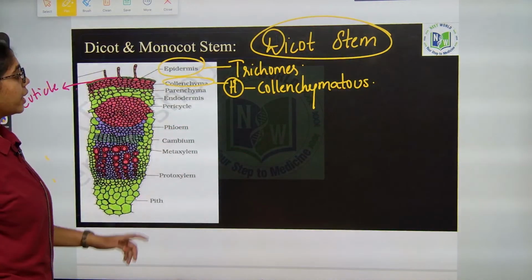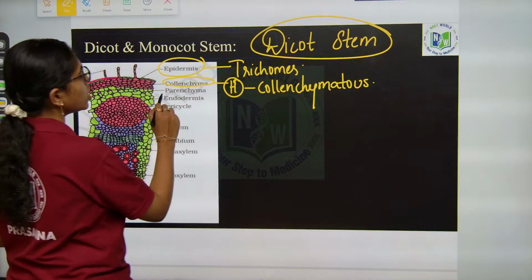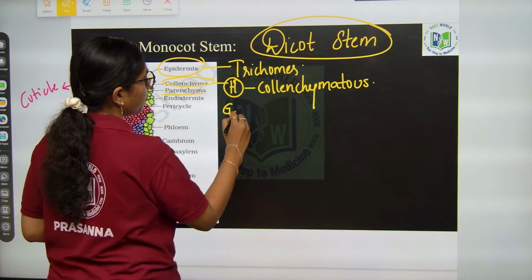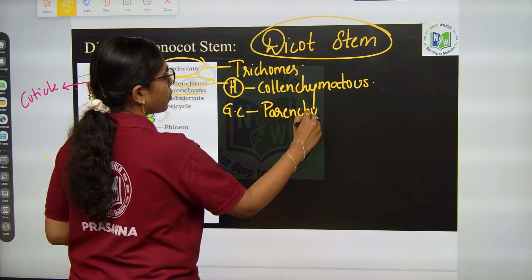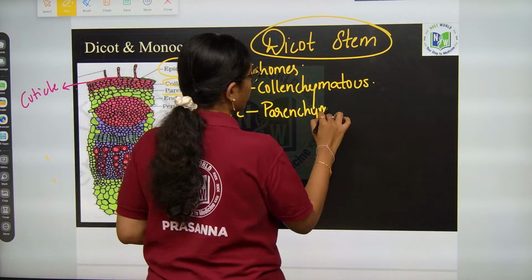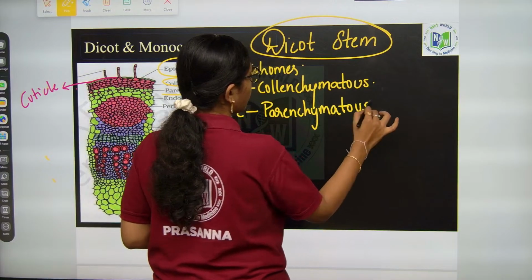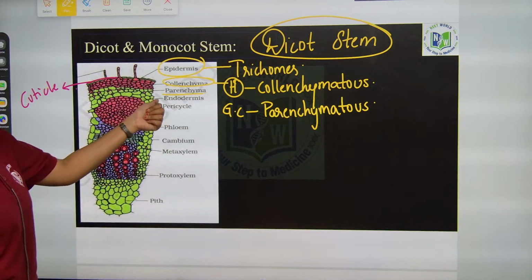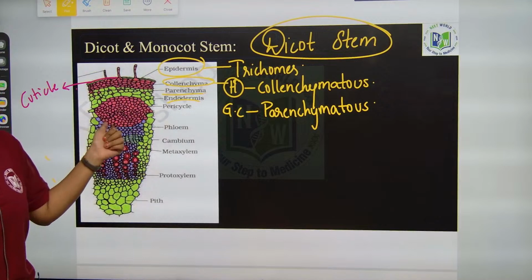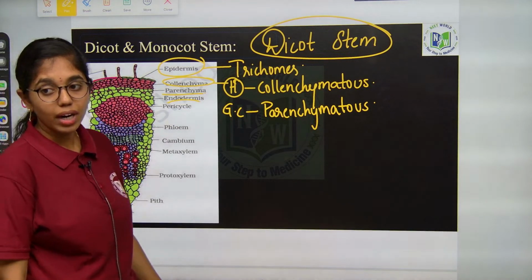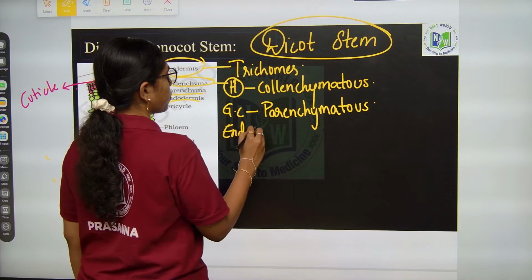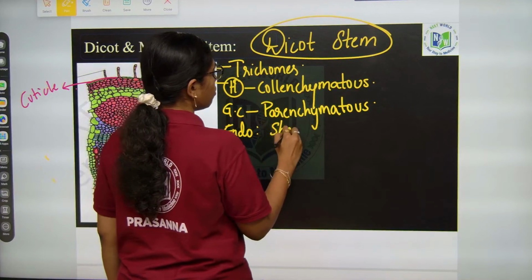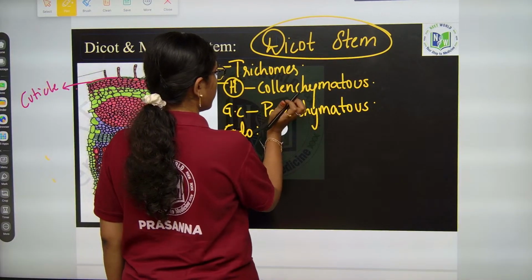Fine. And then you have general cortex, which is parenchymatous. After that, endodermis is having starch sheath. Okay, endodermis is having what? Starch sheath, which stores food material.